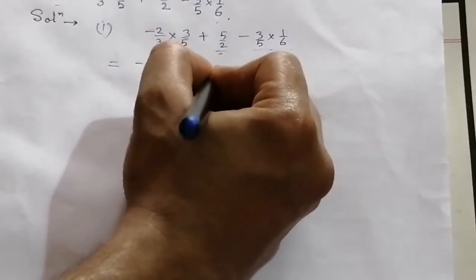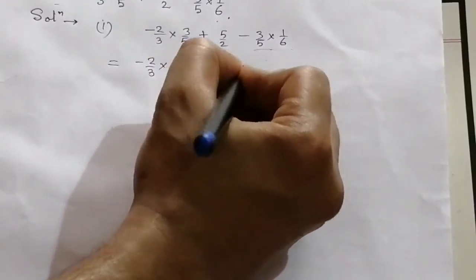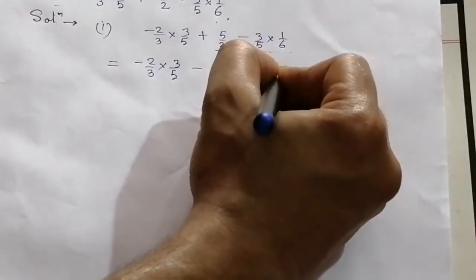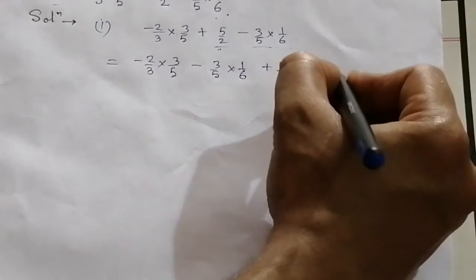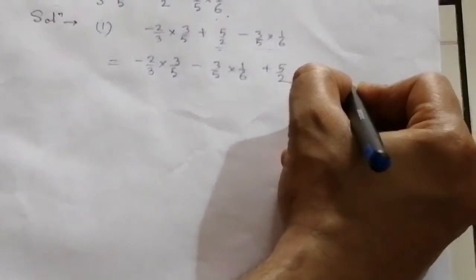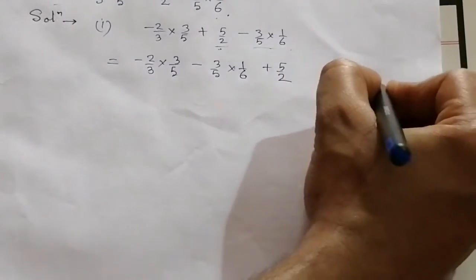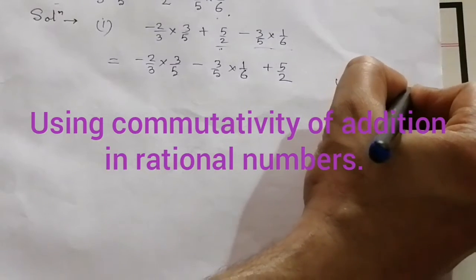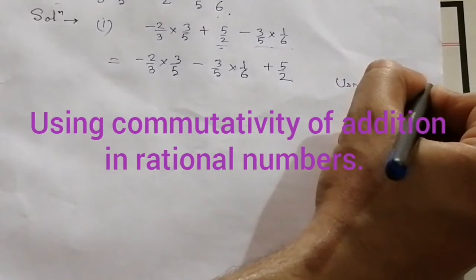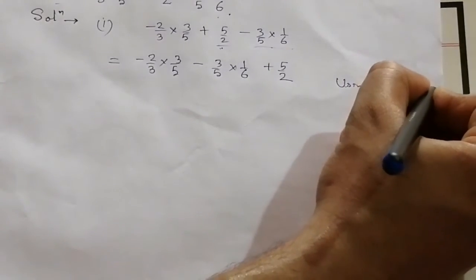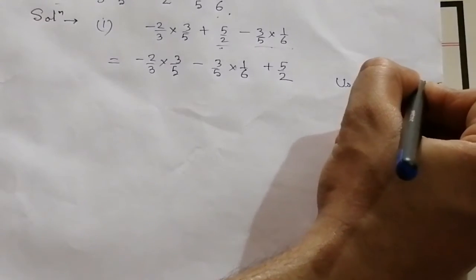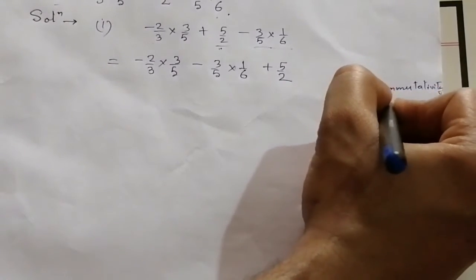Minus 3 over 5 times 1 over 6 plus 5 over 2, and we will write here using commutativity of addition.